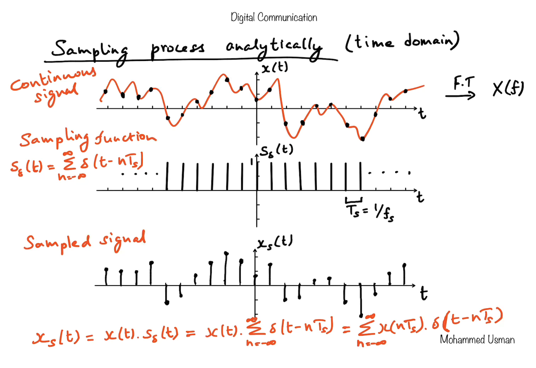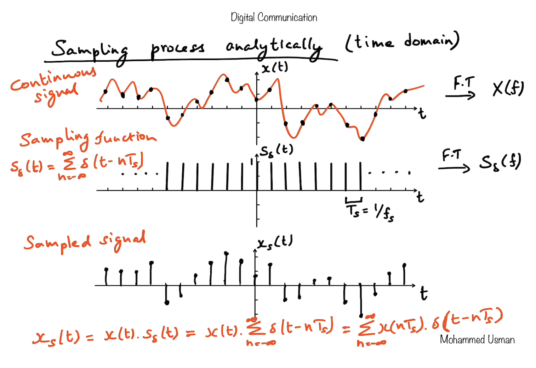computing its Fourier transform. And similarly, the sampling function s delta of t, its Fourier transform will give us its spectrum. So the Fourier transform of the sampling function would give us the spectrum of the sampling function, which we would denote as capital S delta of f.